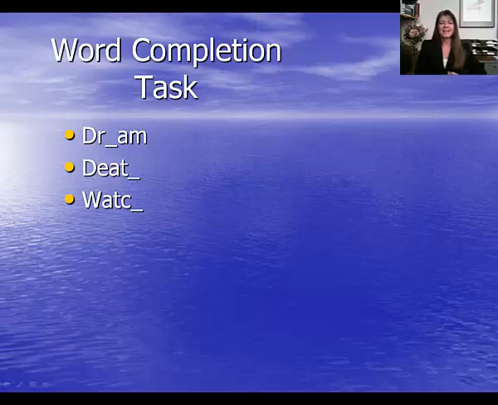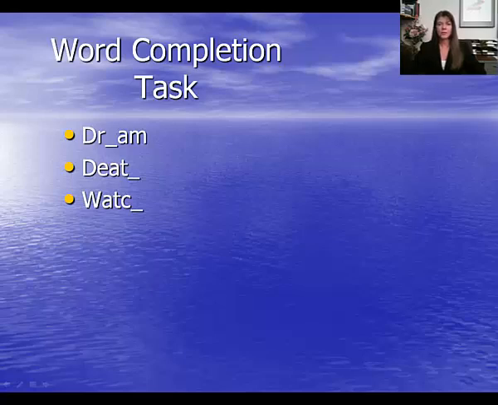And the second one is, your cue is life and hopefully you said death. And the third one is something you wear on your wrist, and the answer to that one is watch. So what we're interested in here is this middle one, right? Death. Priming the death construct.